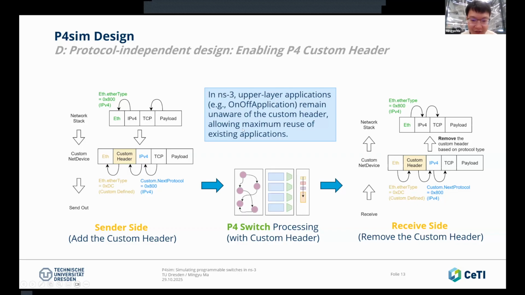This allows us to maximize reuse of existing applications, because ns-3 already has many modules, like the wireless module or wired module, with some applications. They can generate traffic with some different types. So we want to maximize reuse of the applications.